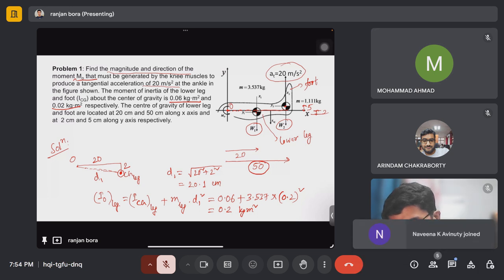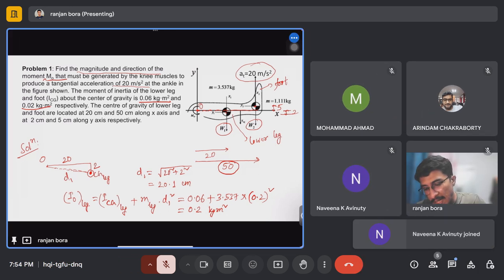So this direction of M0 is given, it is anti-clockwise. So we will take that direction as positive, means anti-clockwise direction as positive and clockwise direction as negative.